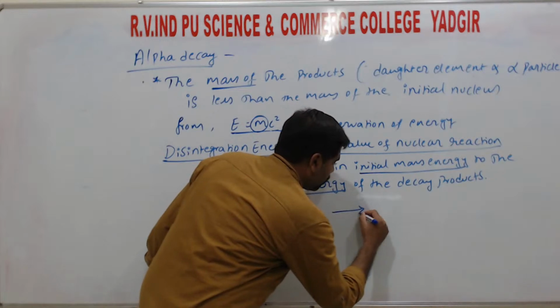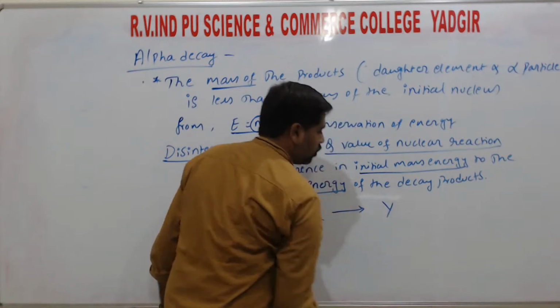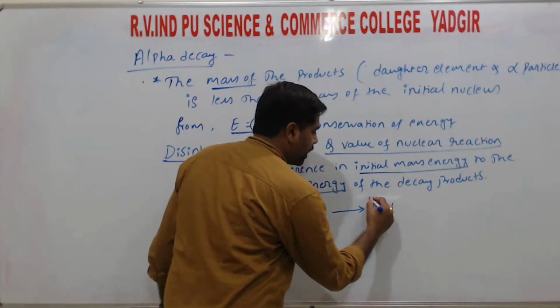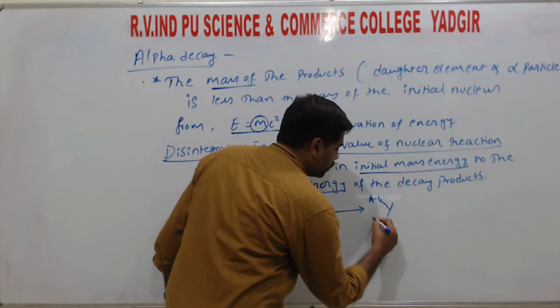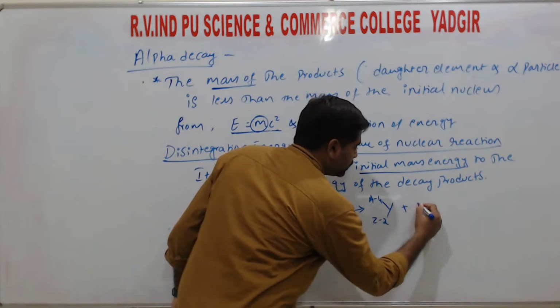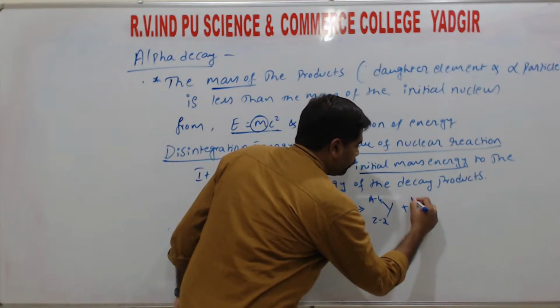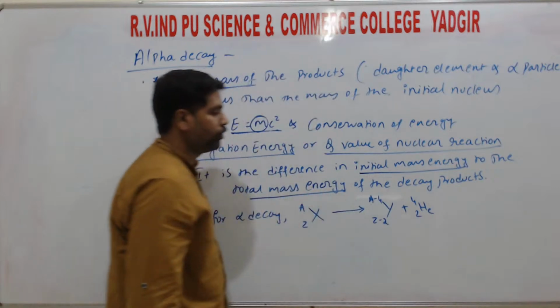When it undergoes alpha decay, we get the daughter nuclei, that is Y, A minus 4, Z minus 2, plus He4 2.